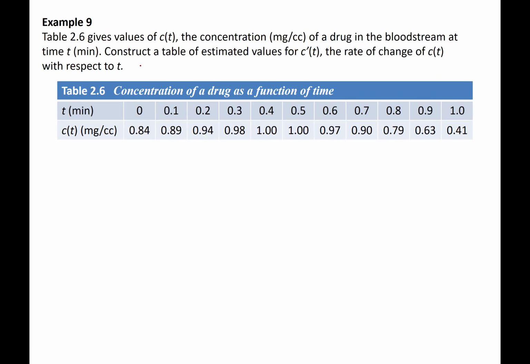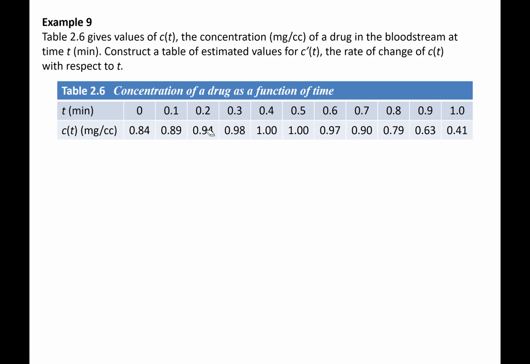Construct a table of estimated values for C prime at t, which is the rate of change of the concentration with respect to time. That means how the concentration of that drug in the bloodstream is changing with respect to time. As we can see, at 0 minutes we have that amount. At 0.1, it's a little bit more, 0.89.